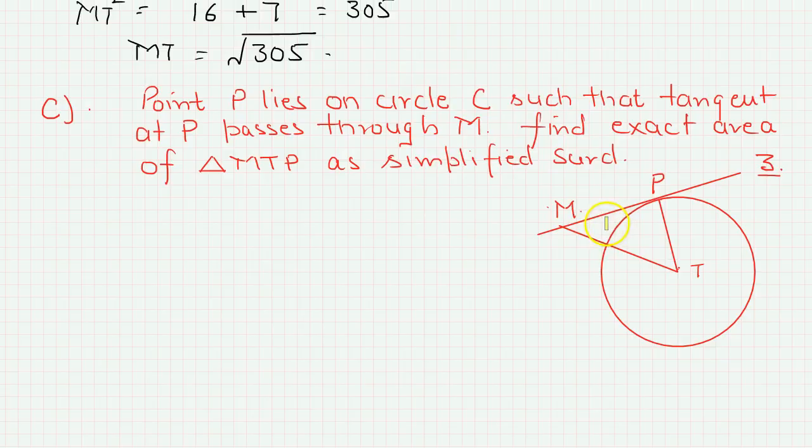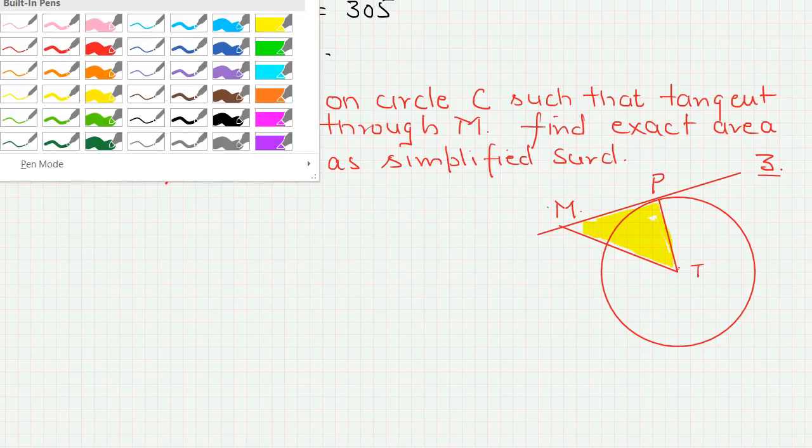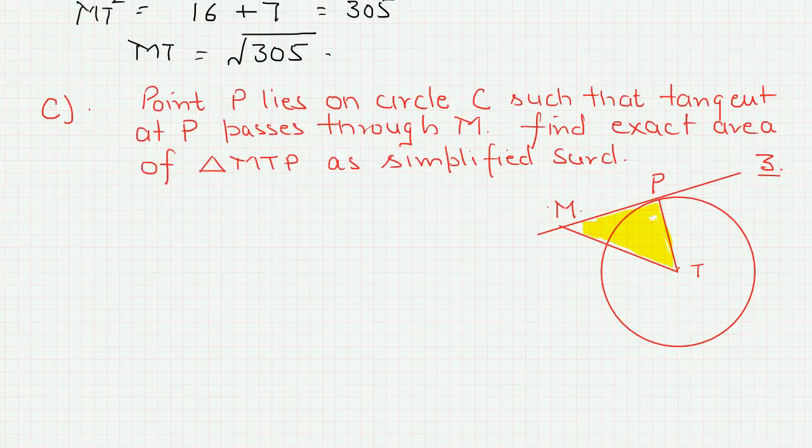We have to find the area of this triangle. Now this is a tangent and this one is a radius, so this angle is 90 degrees.